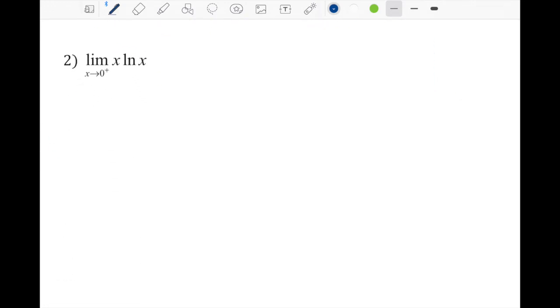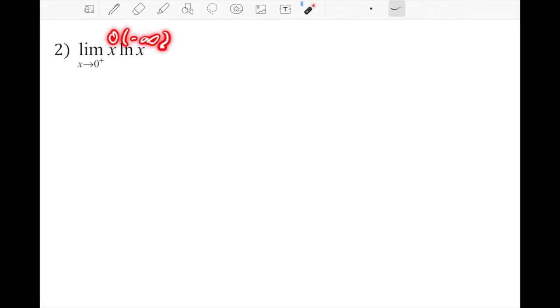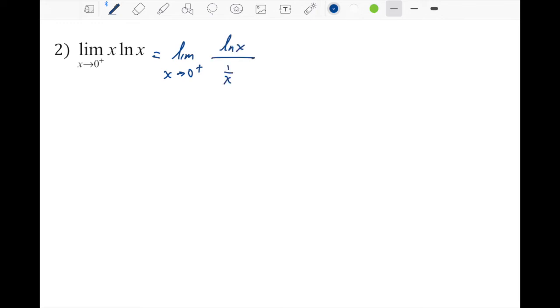Next example, limit as x approaches 0 from the right, and that from the right is necessary because the domain of ln of x is 0 to infinity, excluding 0, so only to the right. If we plug in a 0, well, that's 0, and that's negative infinity, which is equivalent to 0 times infinity. I'm going to rewrite this as limit as x approaches 0 from the right of natural log of x over 1 over x.